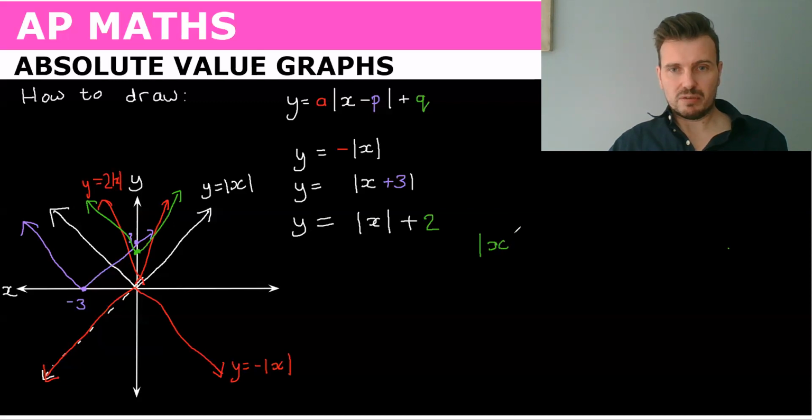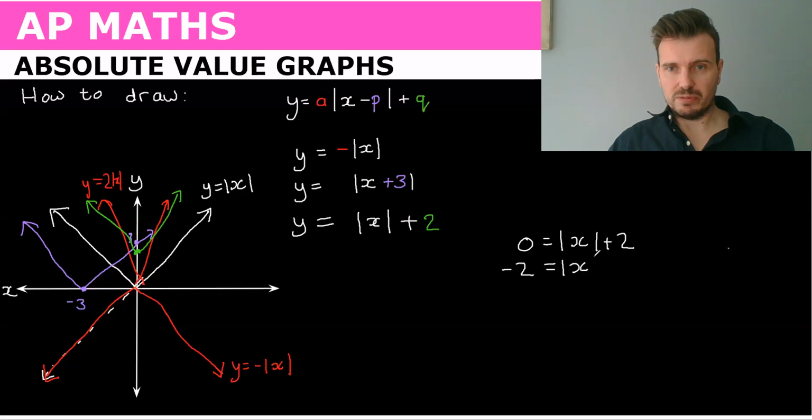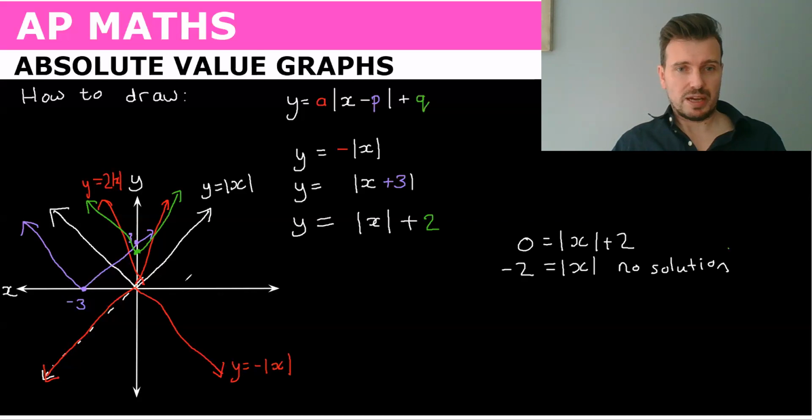We make y equals 0, so we have 0 equals the absolute value of x plus 2. When this goes across, it becomes -2. And an absolute value can never be negative because it's always a positive number. So this is no solution. So we get no x-intercepts, which is what we have here.